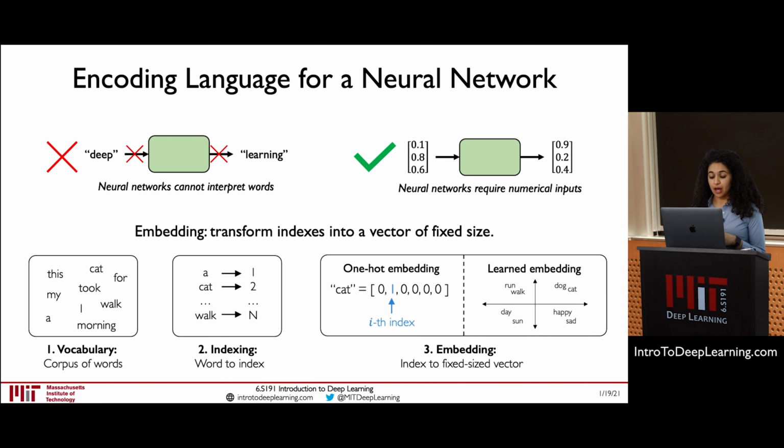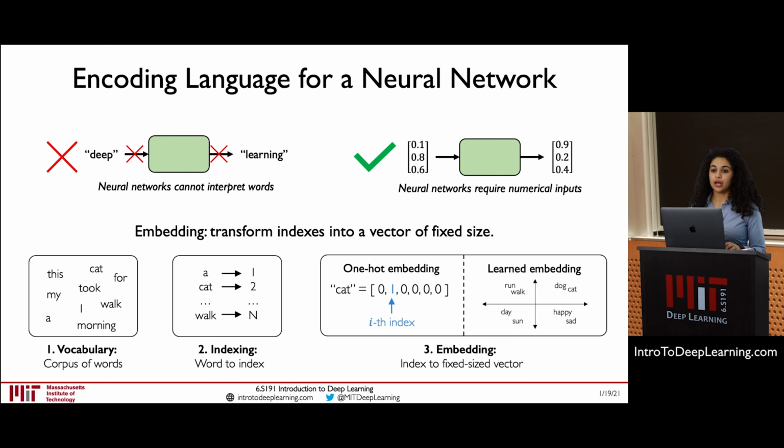Another way we could build up these embeddings is by actually learning them. So the idea here is to take our index mapping and feed that index mapping into a model, like a neural network model, such that we can then transform that index mapping across all the words of our vocabulary to a vector of a lower dimensional space where the values of that vector are learned, such that words that are similar to each other have similar embeddings.